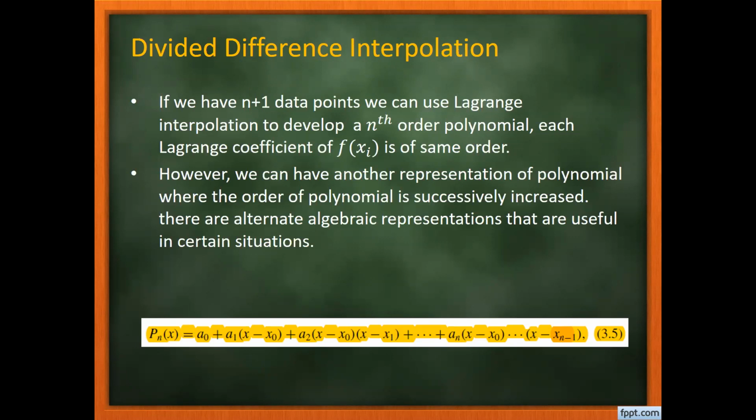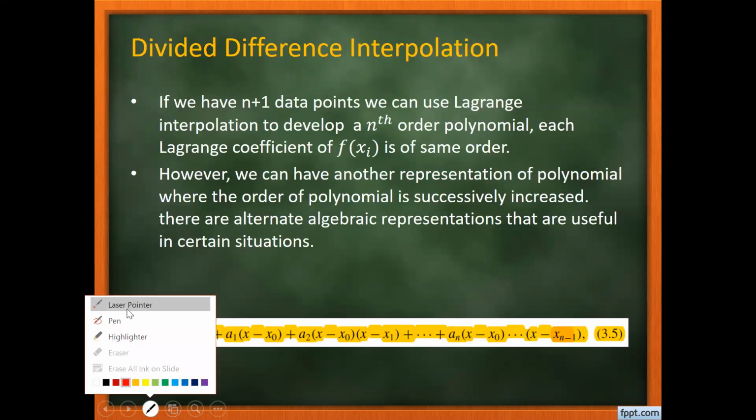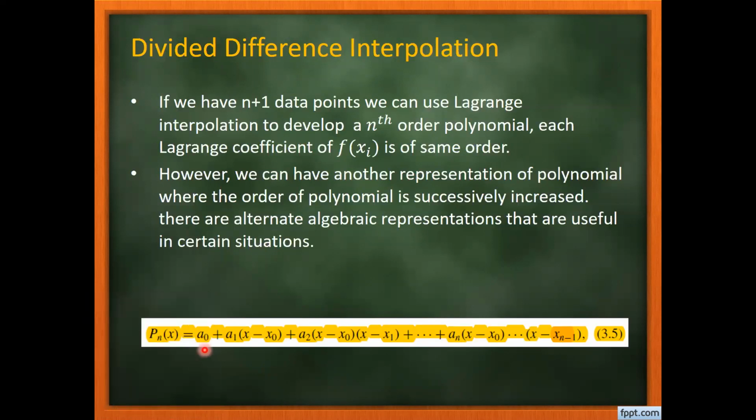As you can recall, in Lagrange interpolation, all the terms in a polynomial are of order n, but that will not be the case in divided difference interpolation. Here, as you can see in equation 3.5, we have the first term of order 0, the second term of order 1, third term of order 2, and the last term of order n.